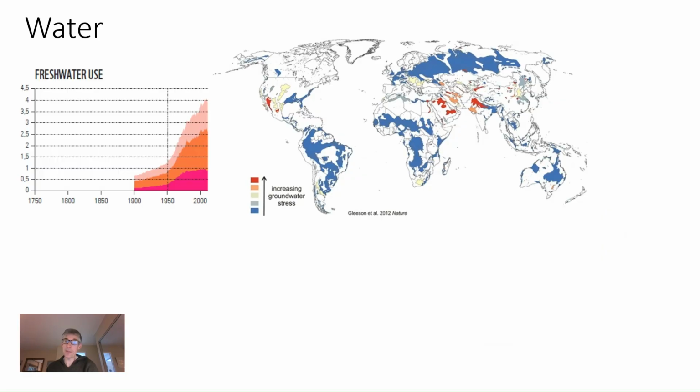Okay, what about water use? Well, unsurprisingly, we have dramatically increased our freshwater use over the last 50 to 100 years to the point where we're now exceeding the capacity of the groundwater stores we have, especially in those agricultural regions in India, the Middle East, California and Mexico, as well as China.